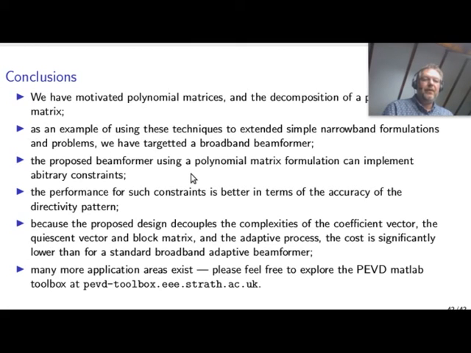As an example, I've shown you the design of a broadband beamformer, which offers a lower complexity than the standard broadband approach and has advantages in terms of the gain in look direction and the better preservation of the constraints as well.